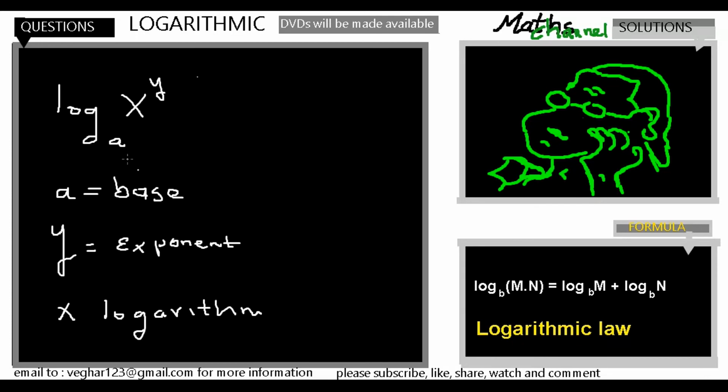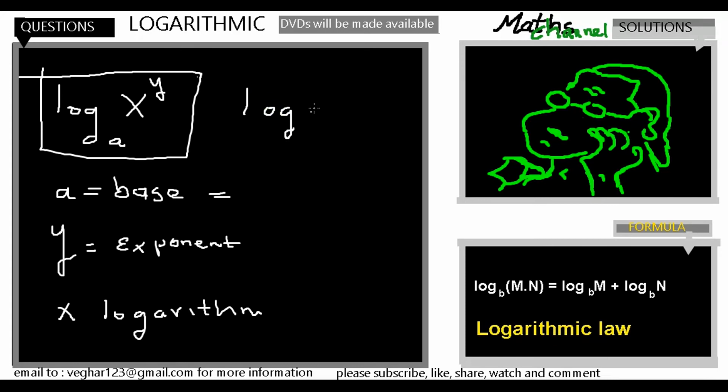Most of the time we'll be given something in a form of this. Normally, if they didn't give you the value of a, and they didn't mention that a is in a standard form, it's always 10 if there's nothing there. Normally they don't write 10 here.